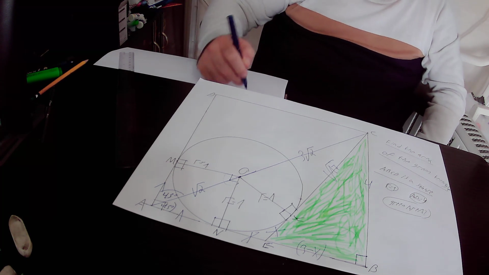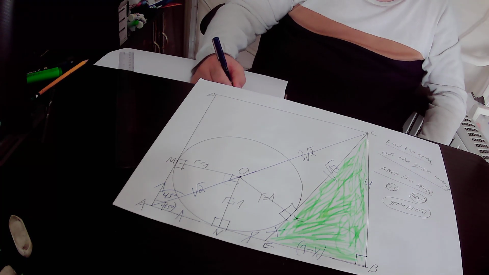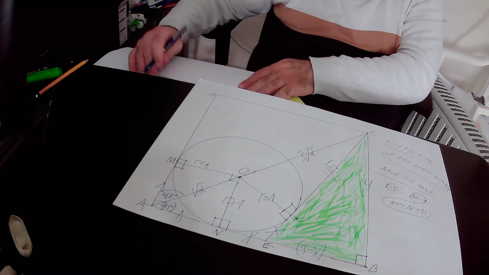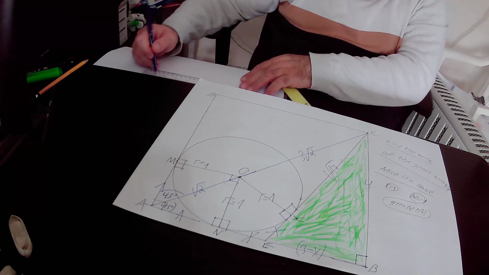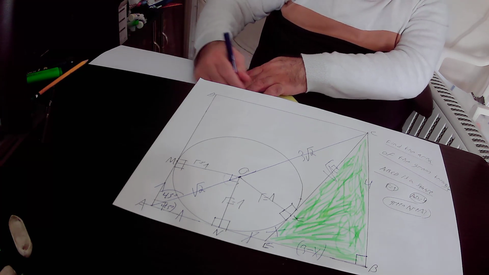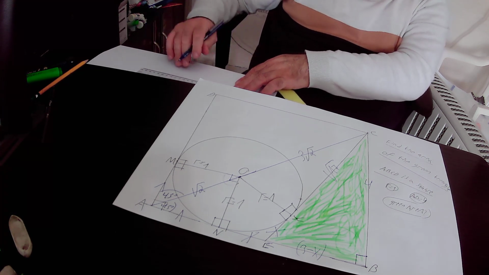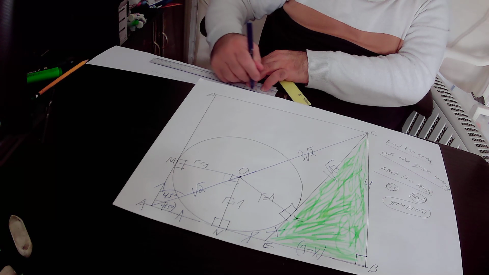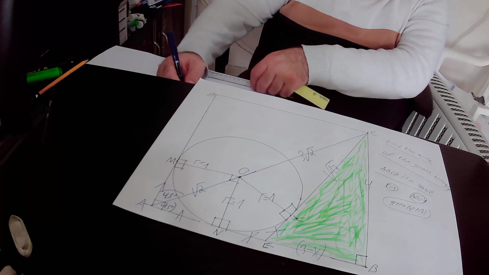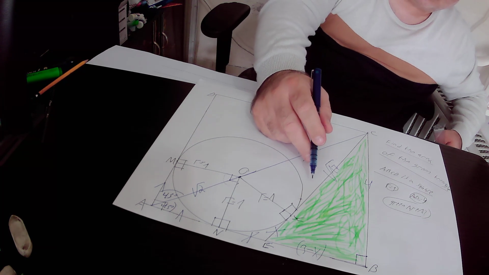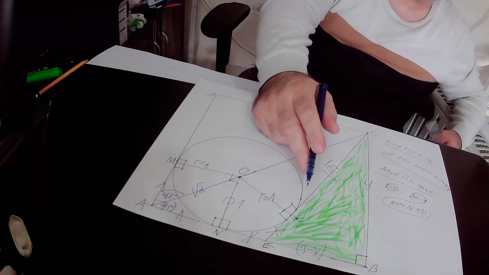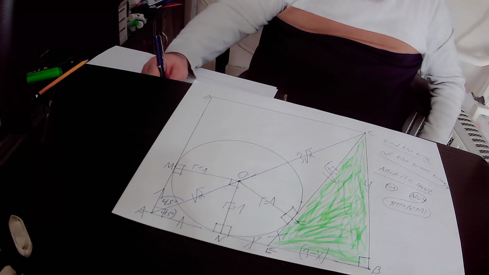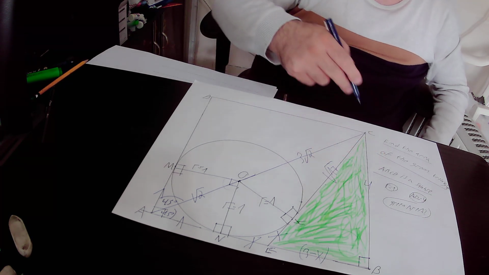Therefore, CE squared equals EB squared plus CB squared.